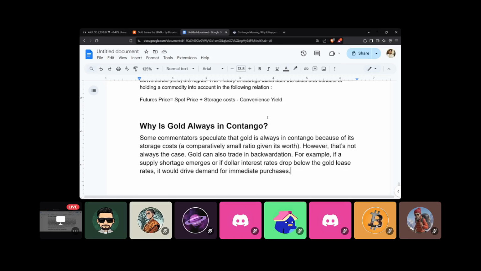Convenience yield is basically the benefit of holding that asset physically with you. That is convenience. The convenience yield exists in crop markets also, like tomatoes or cotton. These things have a convenience yield, so you can make something out of them.